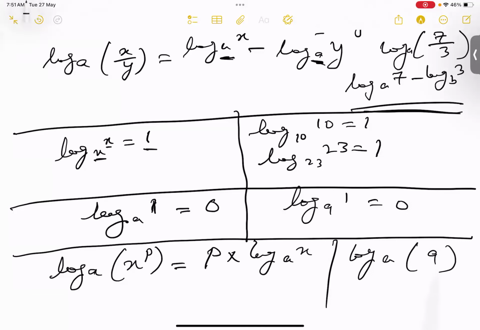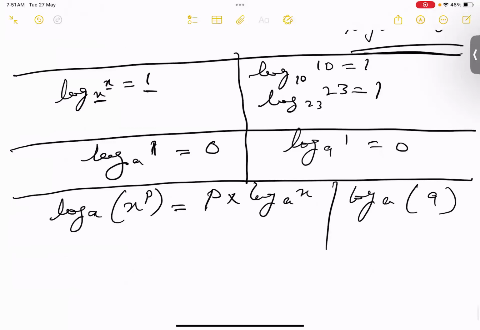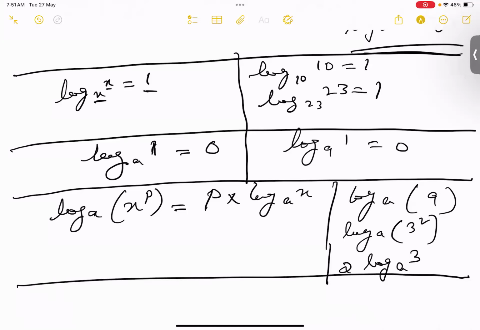The value of log base a of 9: 9 is 3 squared, so the square can be taken out front, giving 2 log base a of 3. This is the fifth formula.